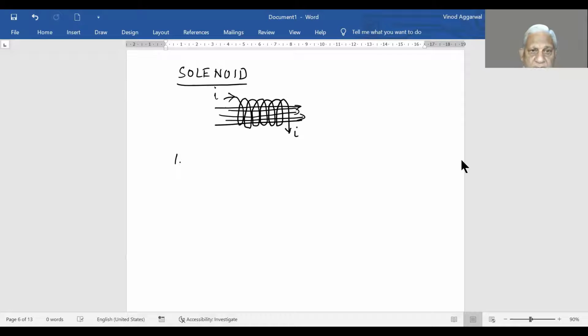First of all, the field in a solenoid is constant within the solenoid.